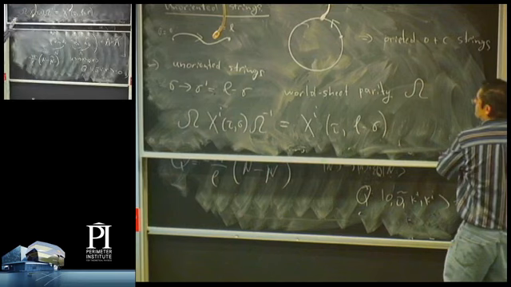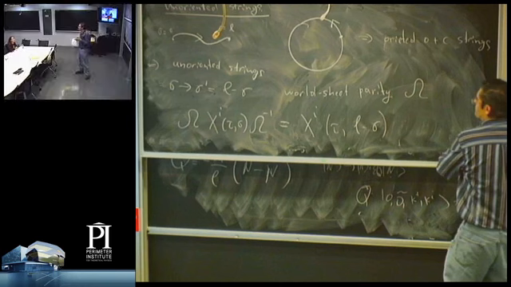So notice that unoriented strings are in some sense a special case. You are putting an additional requirement: in the case of open strings, which is easiest to see, I'm not going to distinguish the ends of the string. And so that leads to the existence of this worldsheet parity.